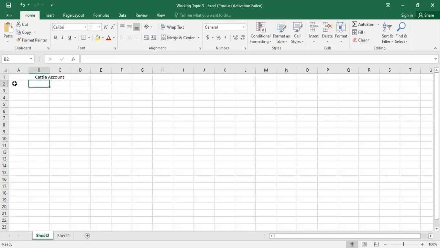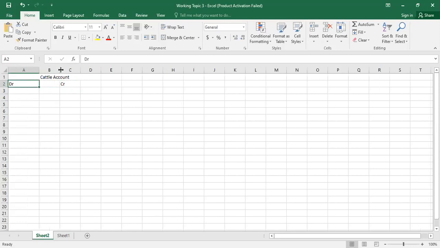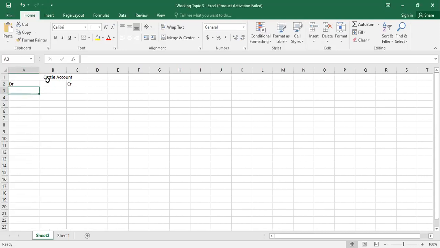So I'm saying on the debit side, this is our DR, and this is our CR. The easiest way to split them. So I'll have the item here, and I'll have the amount. Now we have even the number.